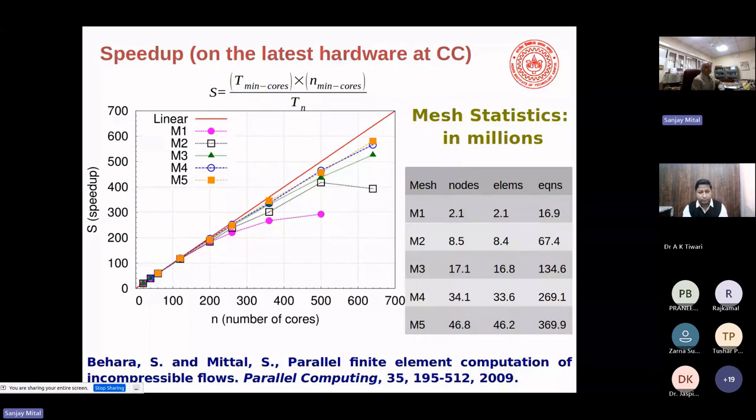So for example, if you use a small mesh M1, which is just about 16 million equations, then as you get to a large number of cores, the overheads are so large, you don't get very good speed up. And maybe beyond 200 cores, it is not a good idea to use a larger number of cores, because as you see, the curve is actually saturated.